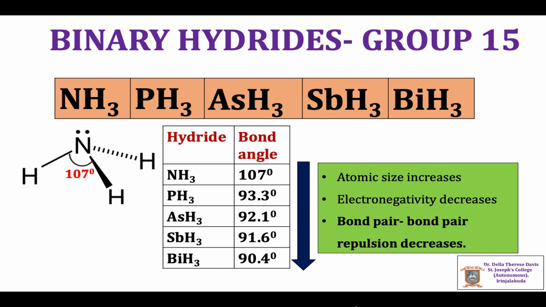As we go down the group, the atomic size increases and electronegativity decreases, and thus the bond pair repulsion decreases and hence the bond angle also decreases as we move down the group from ammonia to bismuth.